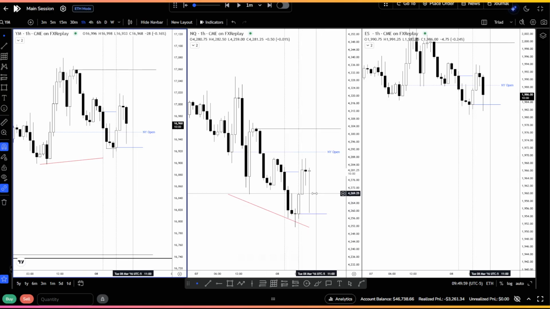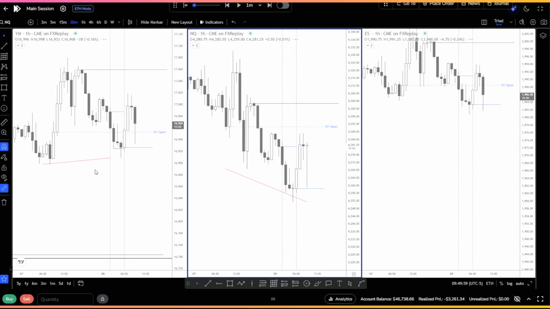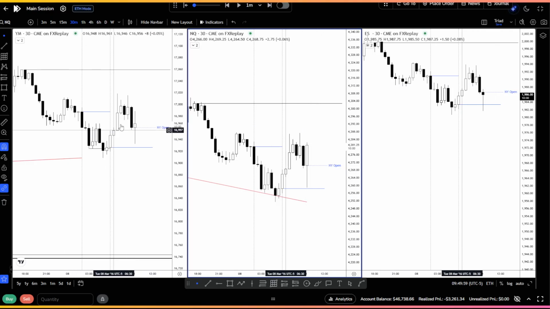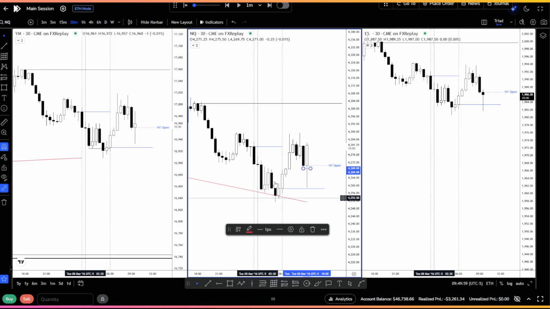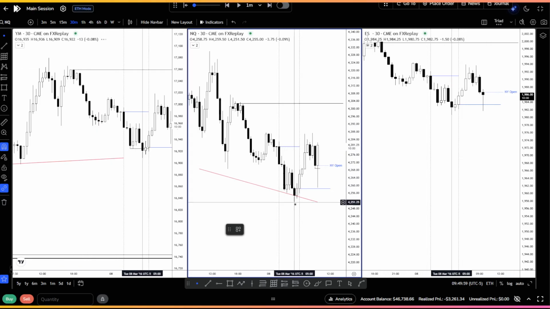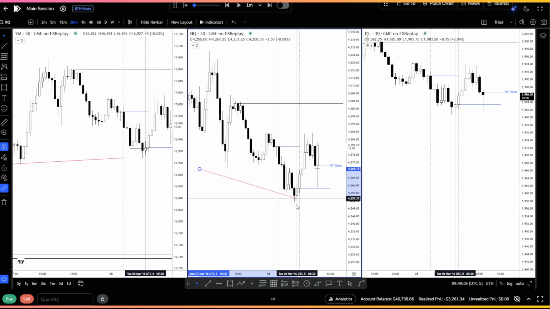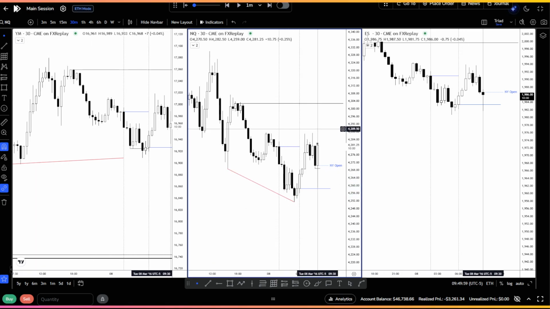Now NQ looks like a stronger asset the way it's going to the upside, because this now looks like a clean C2, 30-minute C2 here, right? V-shape reversal with the anticipated SMT, right?